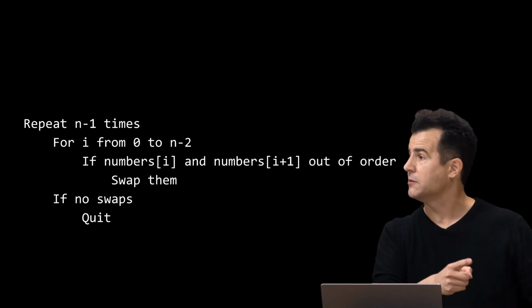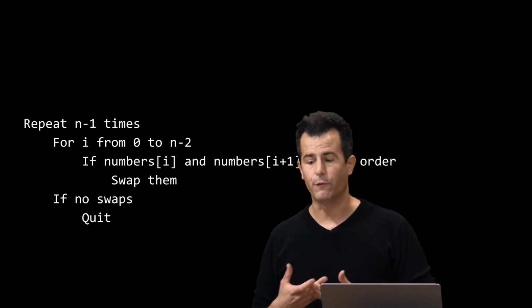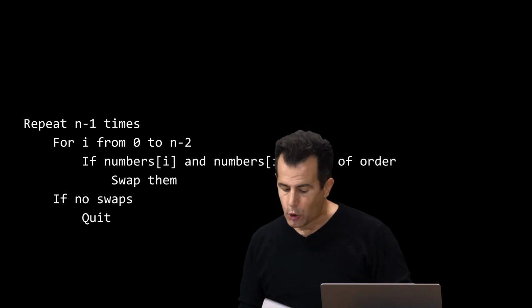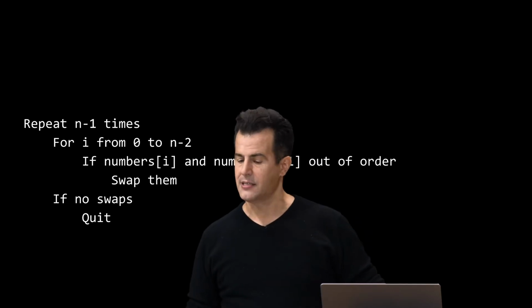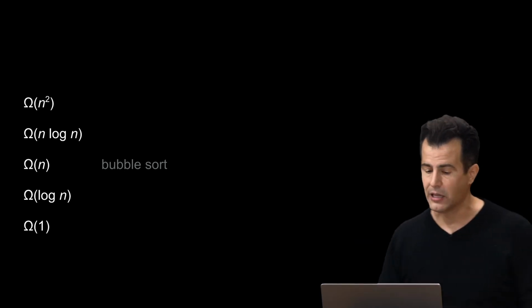Because if you do a whole pass and make no swaps, why would you waste time doing it again expecting different behavior? So now bubble sort can be advantageous if the data is already sorted or mostly sorted. Why? Because it does have this short circuit detail, at least if we implement it like that.